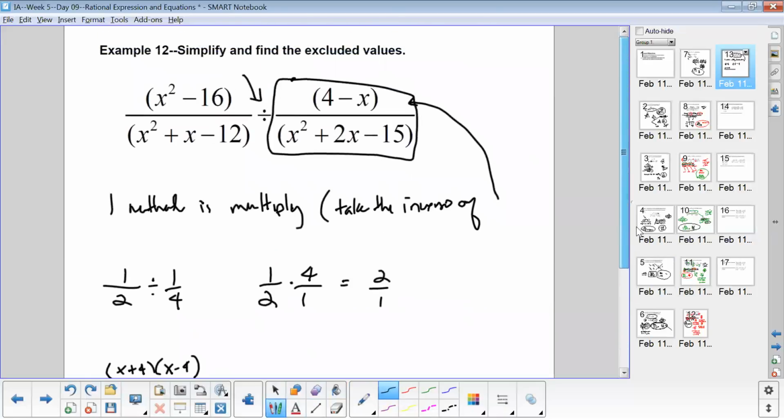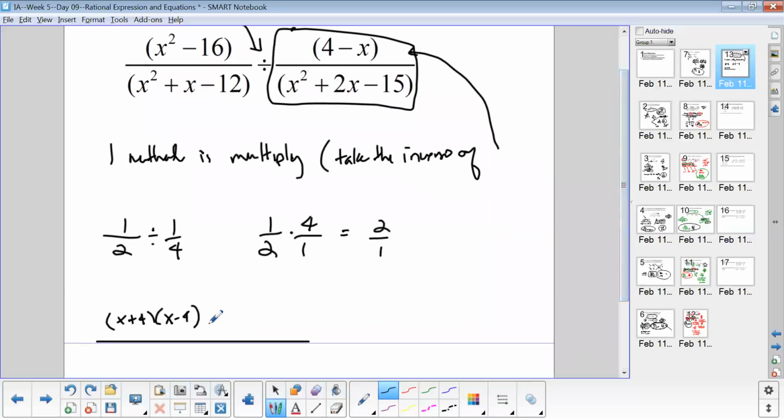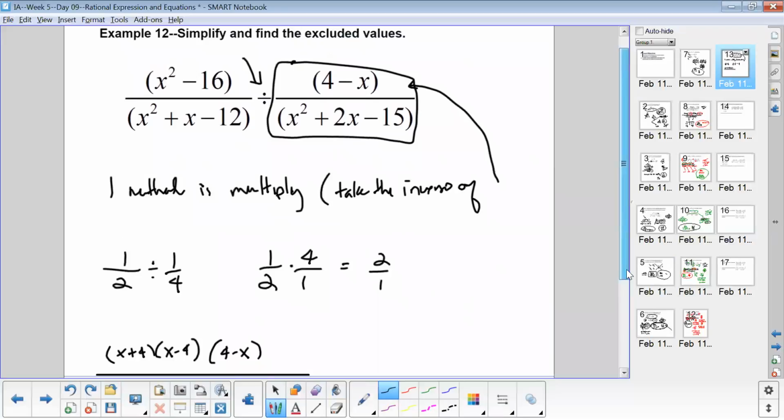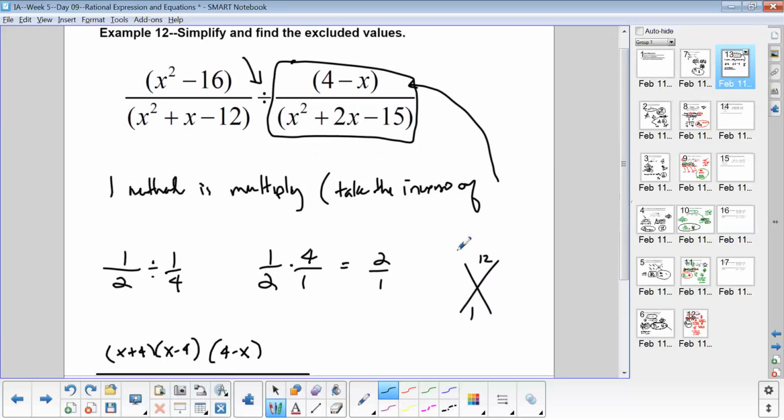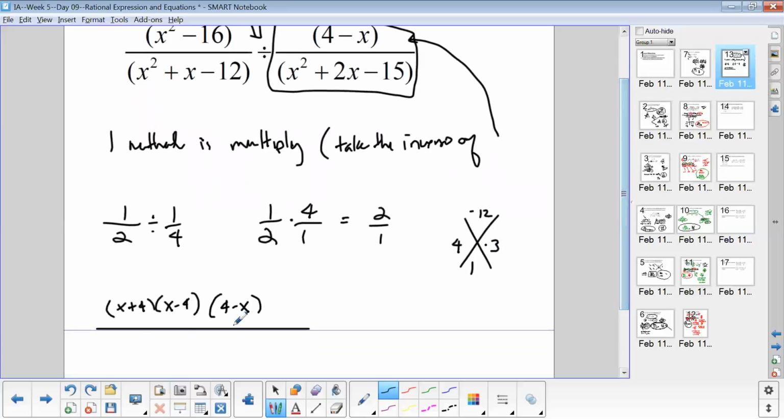We have 4 minus x. And then we have x squared plus x minus 12. So it's got to multiply to give me negative 12, add to give me 1. So that would be 4 and negative 3. So this would be x plus 4 and x minus 3.